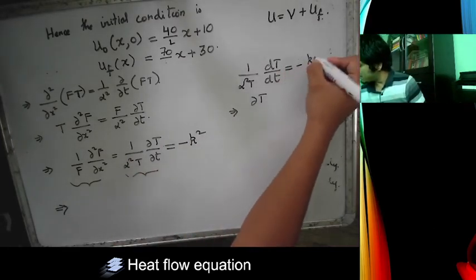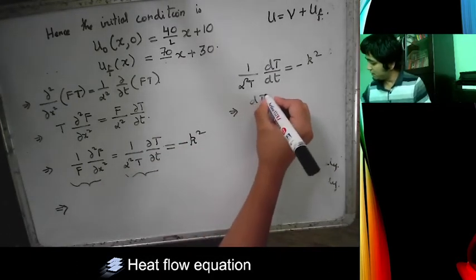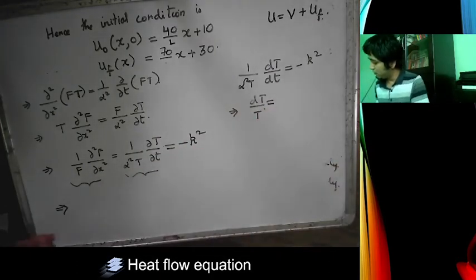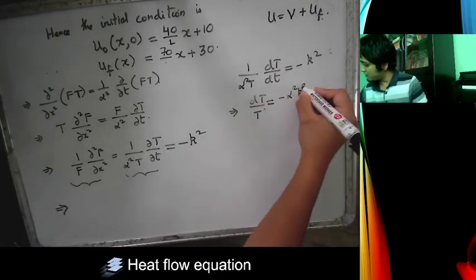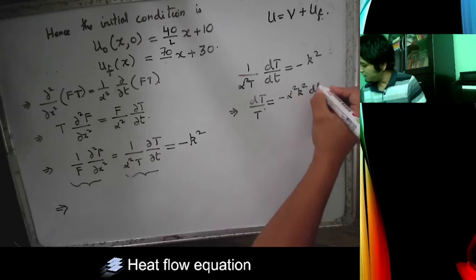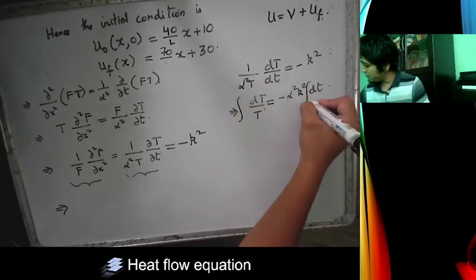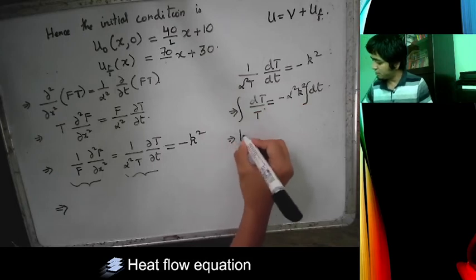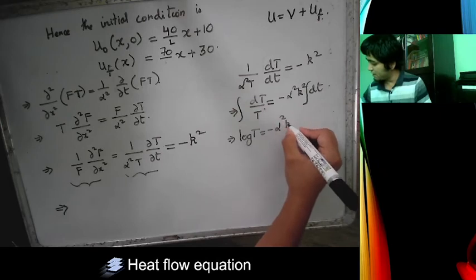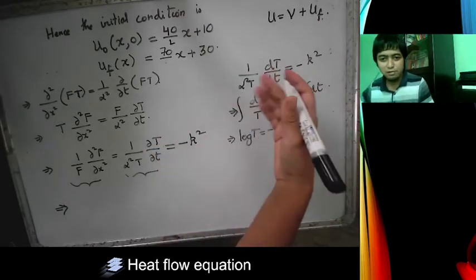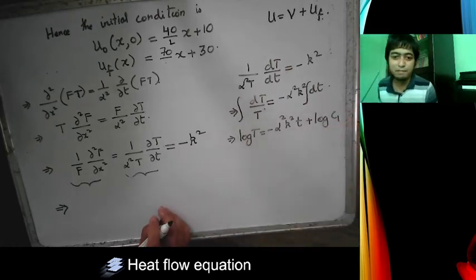So for minus k squared, we can split the variables: dT by T equals minus alpha squared k squared dt. Then we can integrate both sides. You will have log T, and over here minus alpha squared k squared t, and also a constant, which I will denote by log c1.